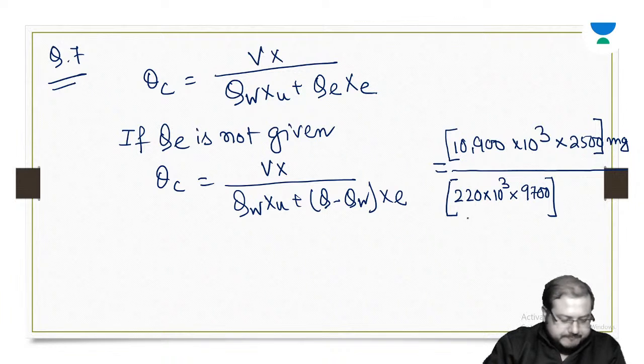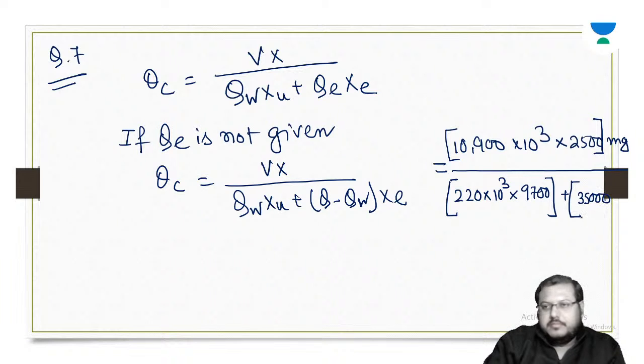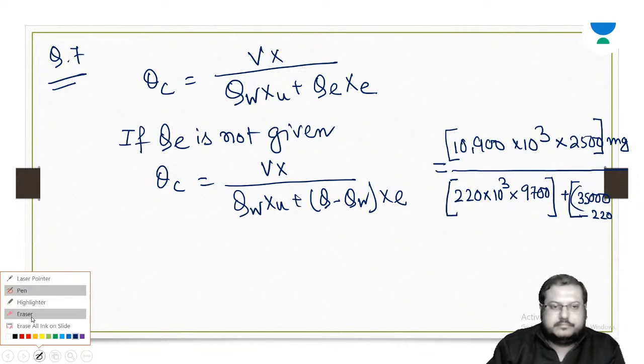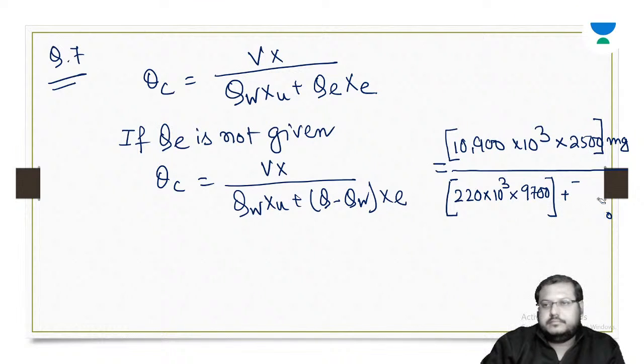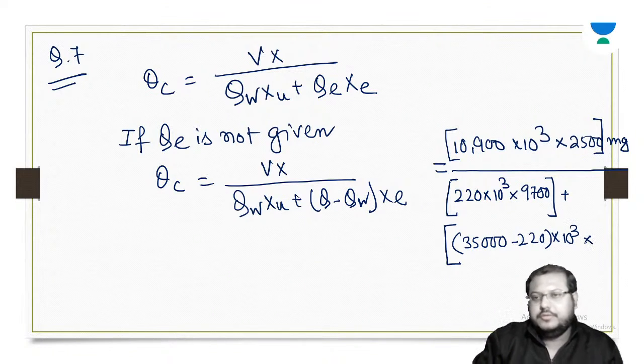Plus 35,000 minus 220 into 10 to the power 3 into XE.